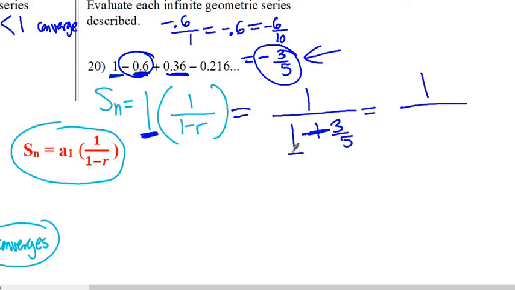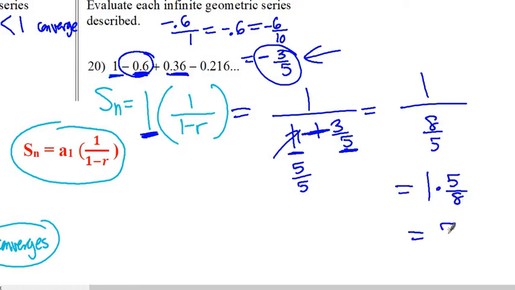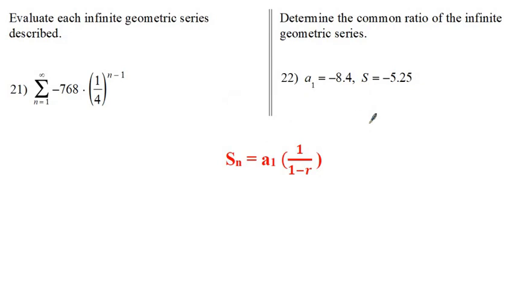And by the way, 1 as a fraction is like 5 over 5. The reason we change it to that is because it needs to have a common denominator with 3 over 5. So 5 over 5 plus 3 over 5 would be 8 over 5. And then dividing by 8 over 5 is like multiplying by 5 over 8. So 1 times 5 over 8 just equals 5 over 8. And that's the sum of that infinite series right there.